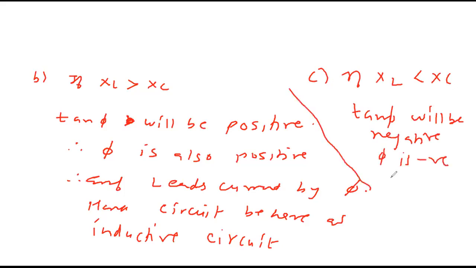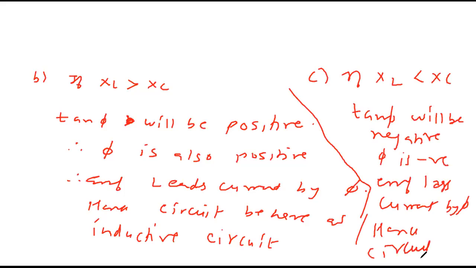In that case, we say EMF lags current by phi, and the circuit behaves as a capacitive circuit.